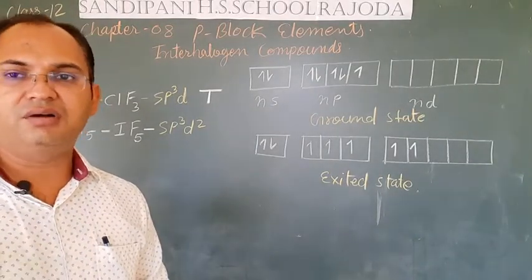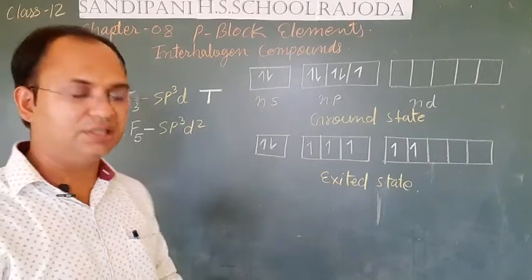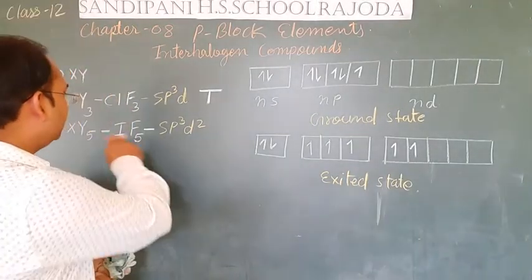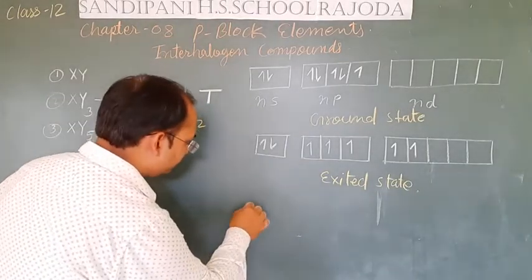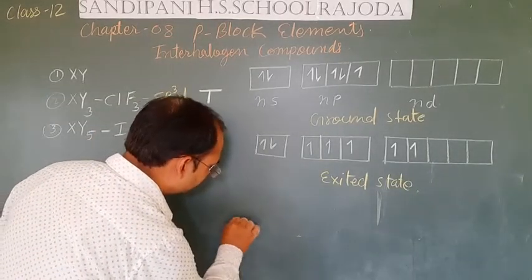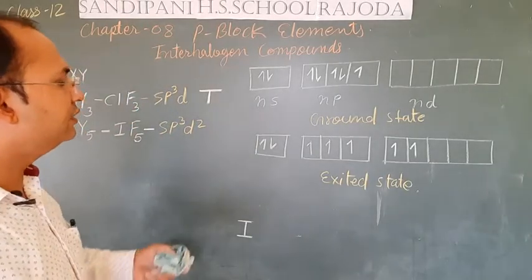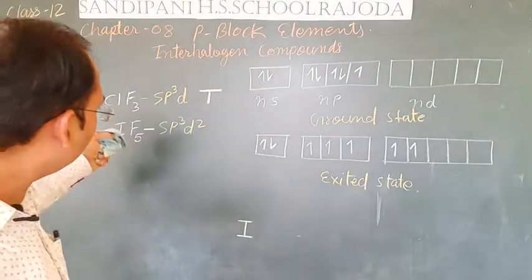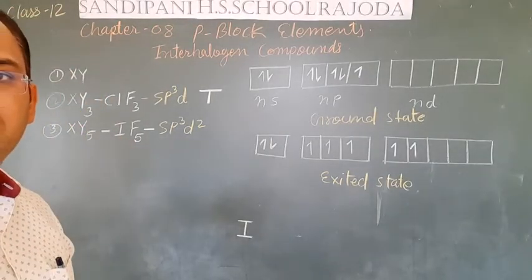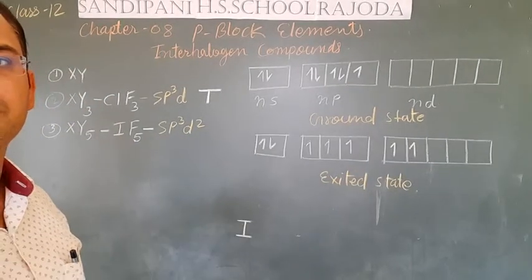Let's see how the square pyramidal structure is made. Here the iodine atom is in the center and 5 fluorine atoms will be attached to this iodine.